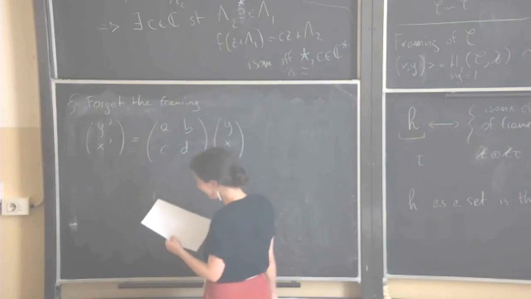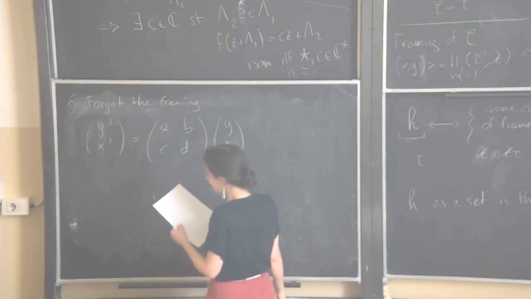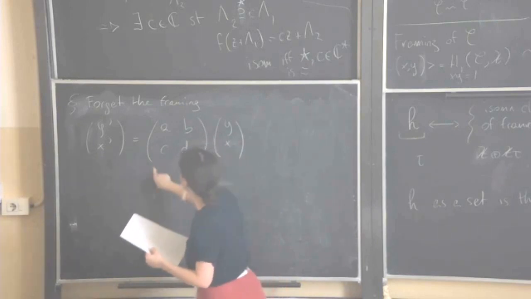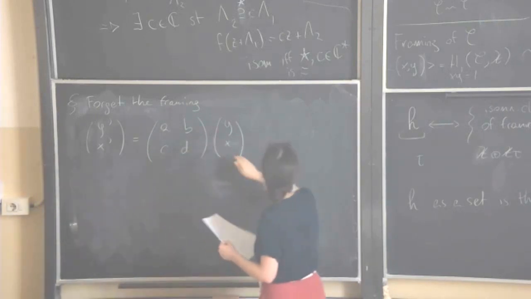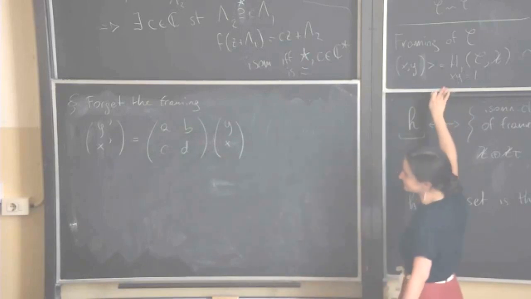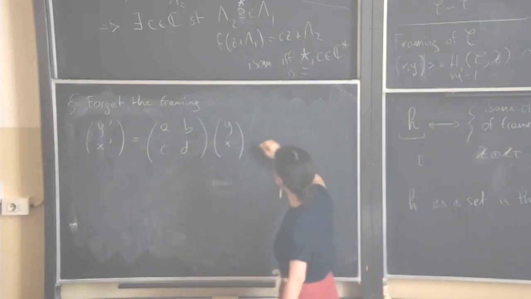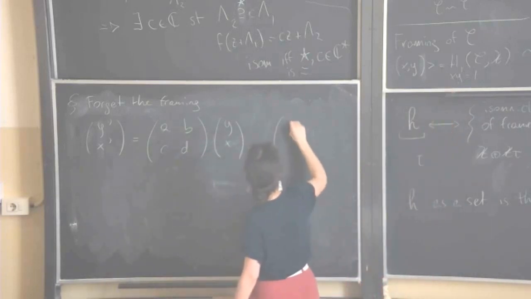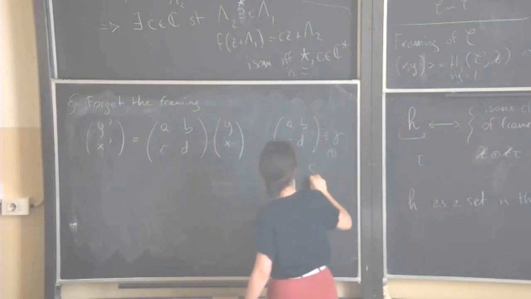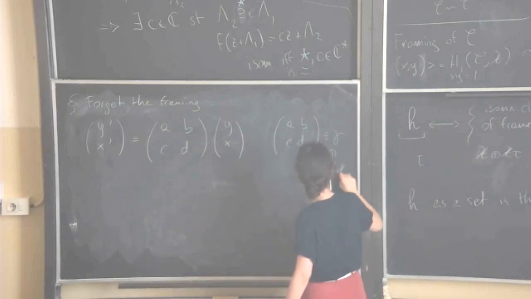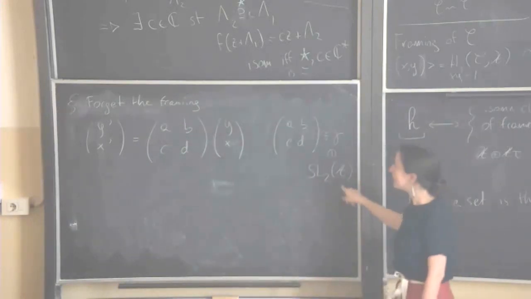And we don't want to choose any matrix here because we have to preserve this intersection, which means that our matrix (a, b, c, d), let's call it gamma, belongs to the special linear group.